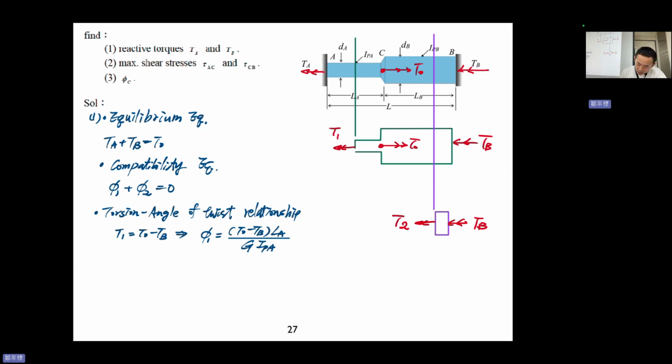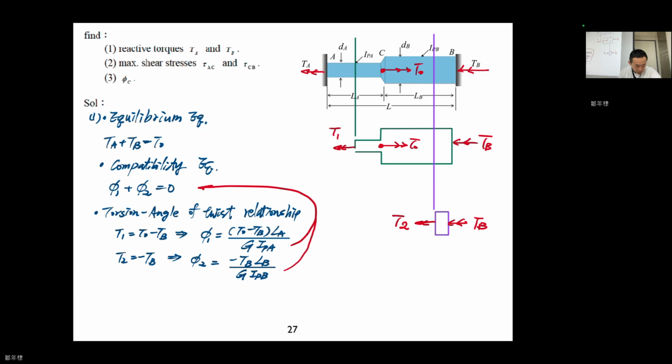Okay, and our T2 equals minus TB, and then we can have phi 2 equal to minus TB LB over G IPB. Right, so then we can substitute this here. Okay, that's it.